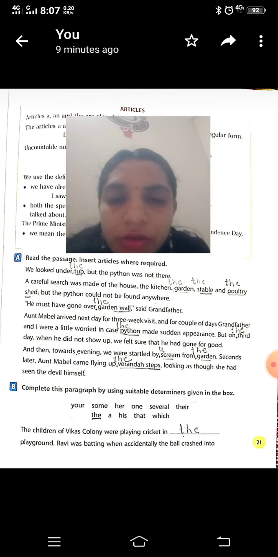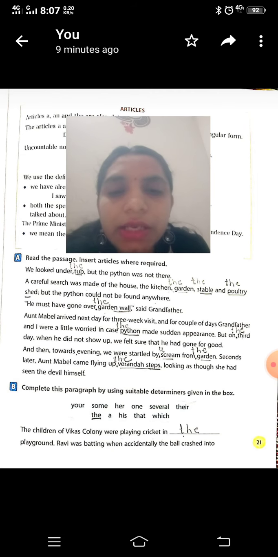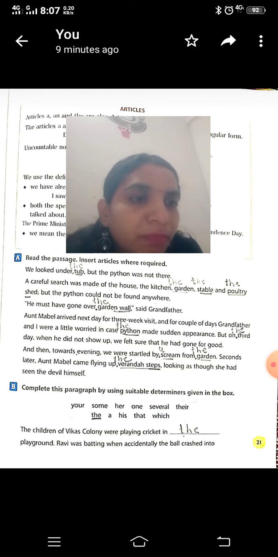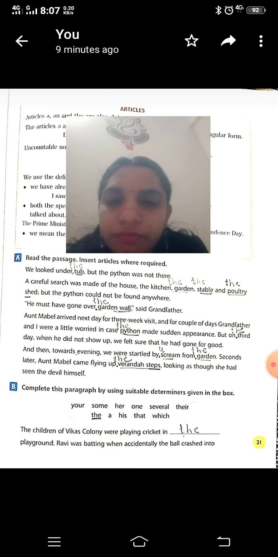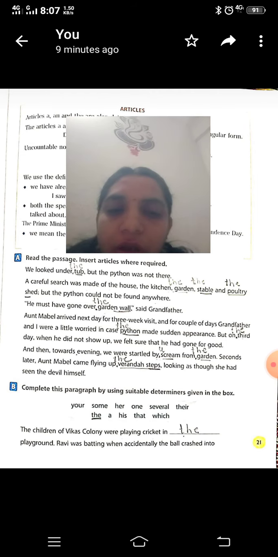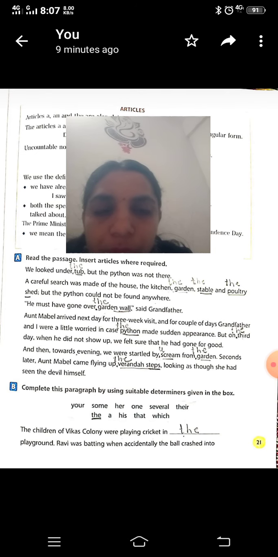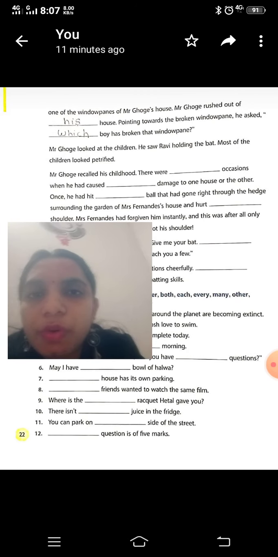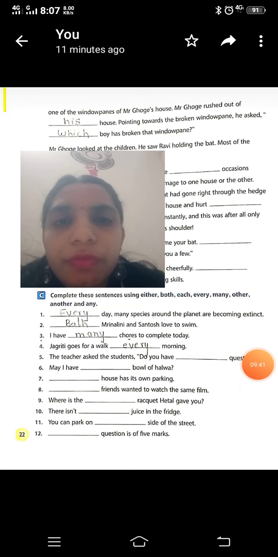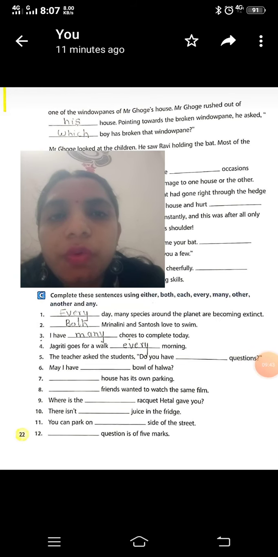The children of Vickers colony were playing cricket in the playground. Ravi was batting when accidentally the ball crashed into one of the window panes of Mr. Gog's house.